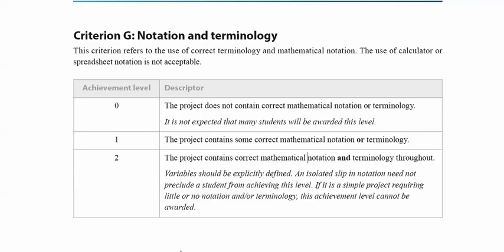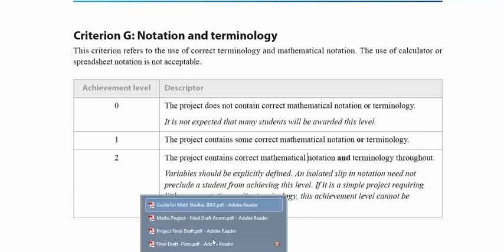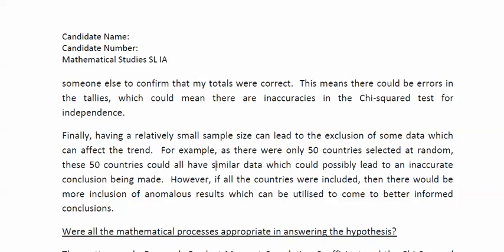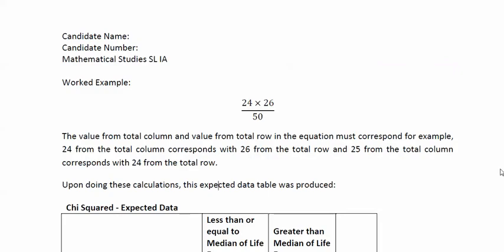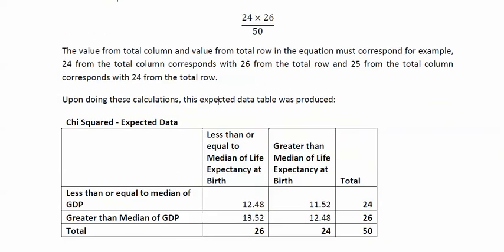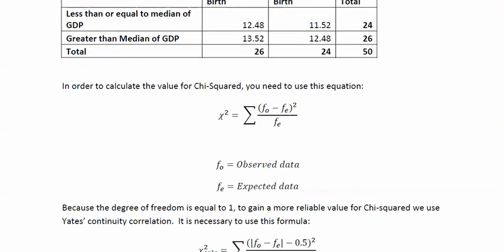Notation is important. So, for example, let me go back to the good project. Okay, here, for example. This student has not only put the formula for chi-squared, but he has declared the variables.